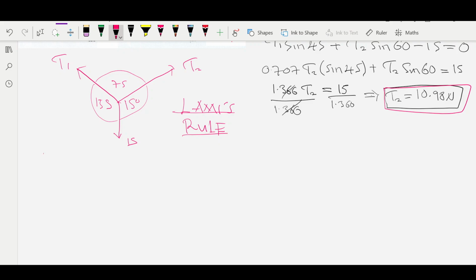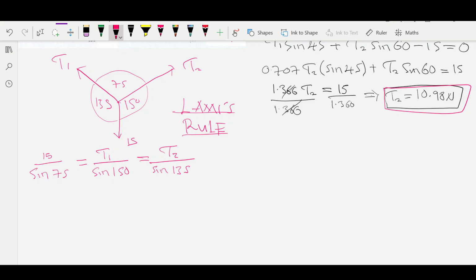So the weight, which is 15, over sine of the angle opposite to 15, which is 75, sine 75, is equal to T1 over the sine of the angle opposite to T1, sine 150. It should also equal T2 over the sine of the angle opposite to T2, which is 135.